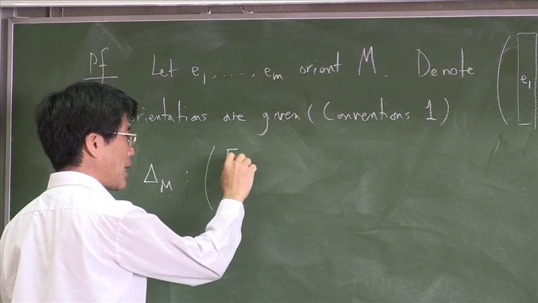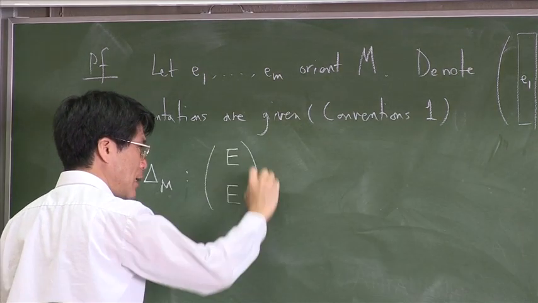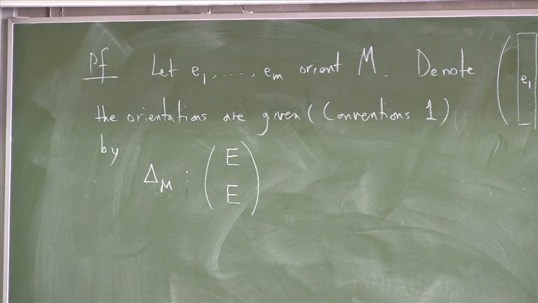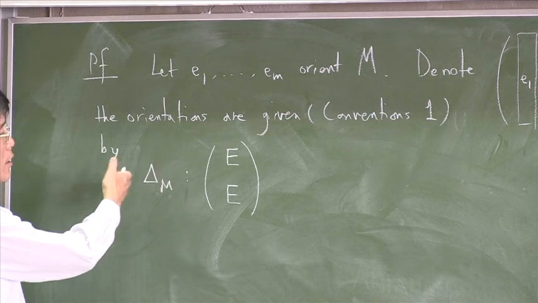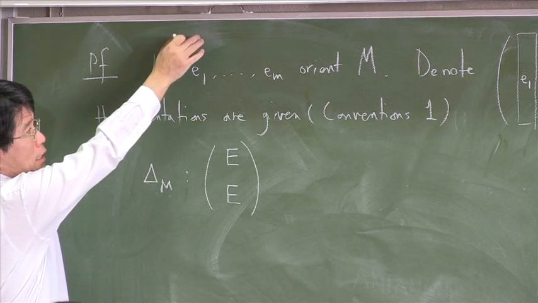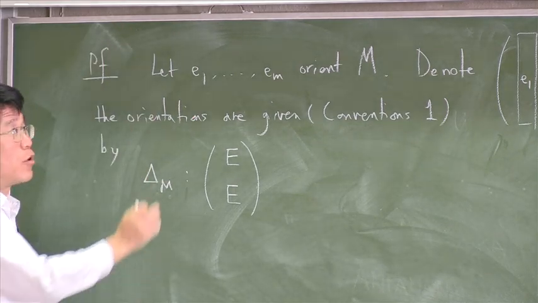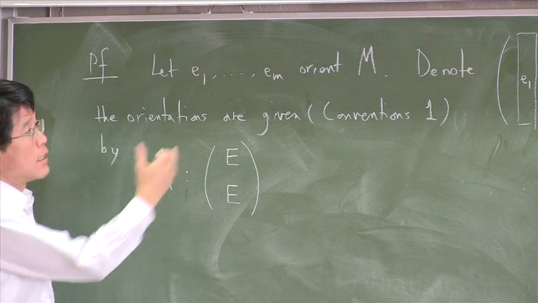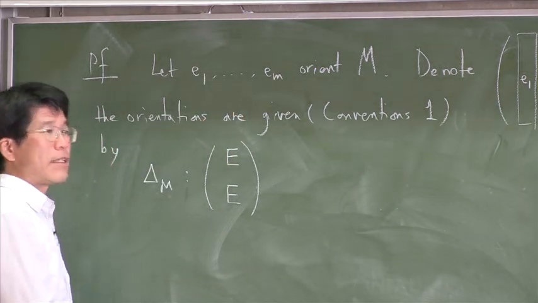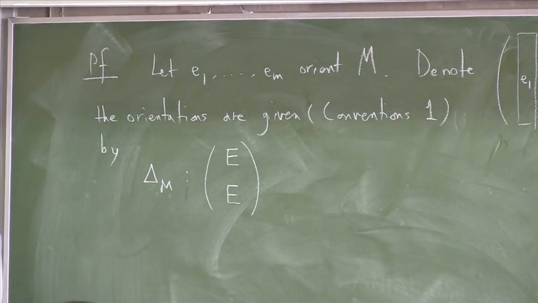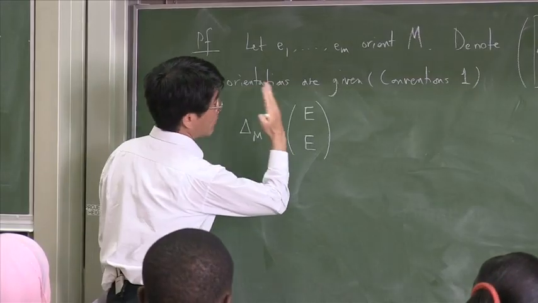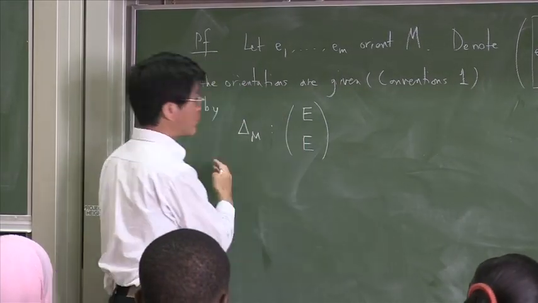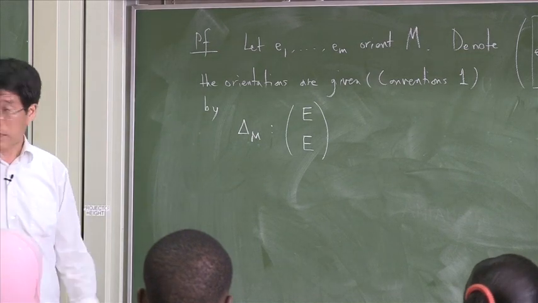If you calm down, not panic, and think about it, it's simply this. Are you calm and not panicking? The basis for delta was the long vector of 2m components where you copy E1 and then directly underneath E1. The second vector is E2, directly underneath E2, and so on. To be precise, the first column, second column, third column, and so on, all the way to the mth column, define the basis for delta m.